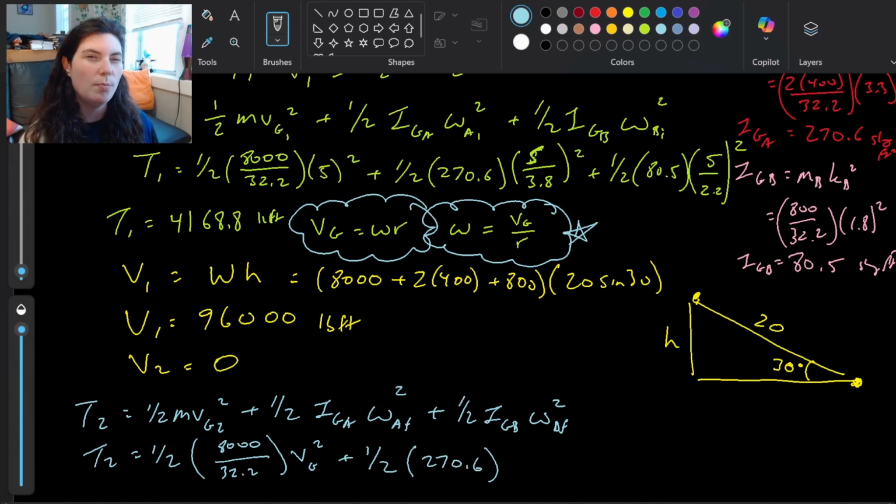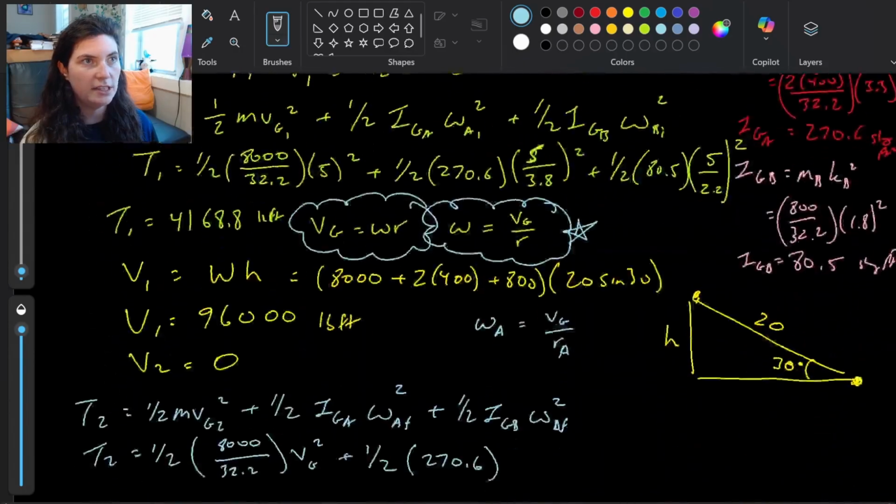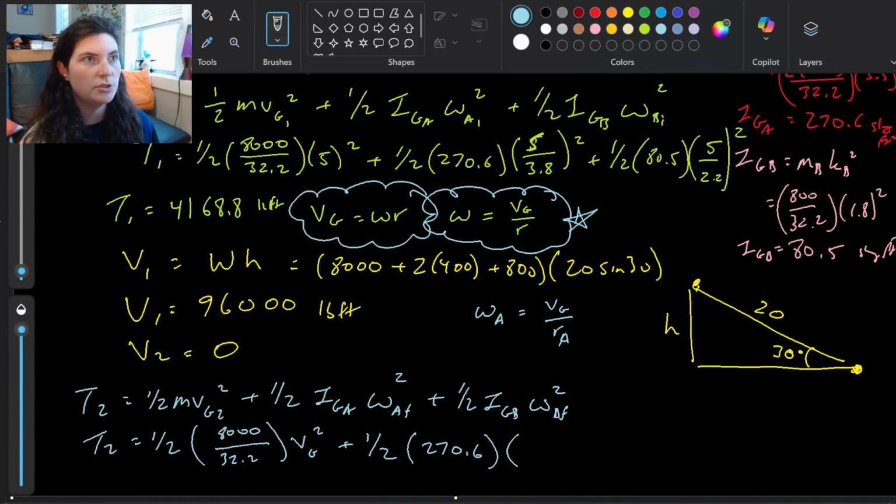And then omega A is a little bit different. Instead of writing omega A, I'm going to substitute in vG over RA. And what was that radius of A? It was 3.8 feet. So I'm going to substitute in here vG over 3.8 squared.